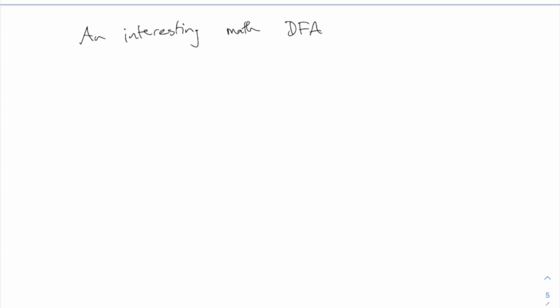This is an interesting math DFA on the alphabet 0, 1. I want to do some traditional numerical calculations here. An interesting math DFA with the alphabet 0 and 1, and this has to do with binary representations of numbers.